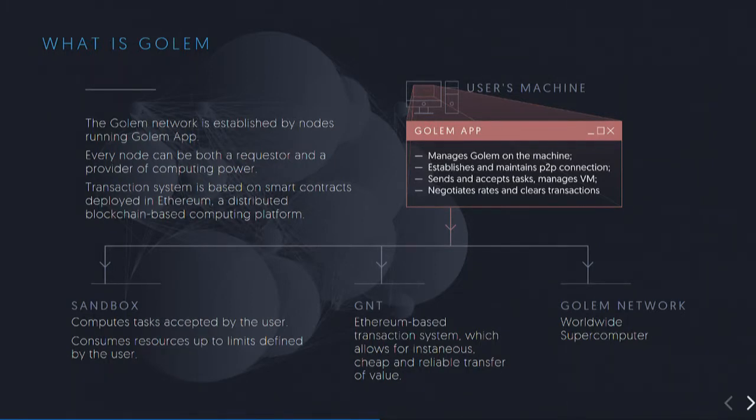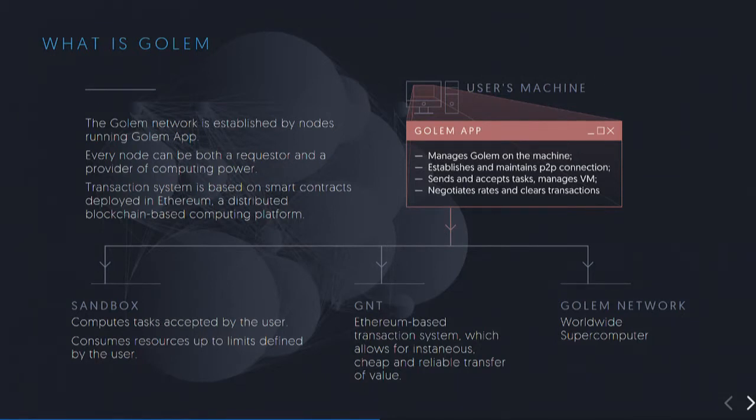While most of the Golem project is off-chain, in fact all the computing within the worldwide supercomputer which we want Golem to be happens off-chain, the coordination between the computers and also the transfer of value happens thanks to the tokens built on the Ethereum blockchain. So Ethereum and GNT serve as the trustless part of Golem, which basically makes the whole thing possible.